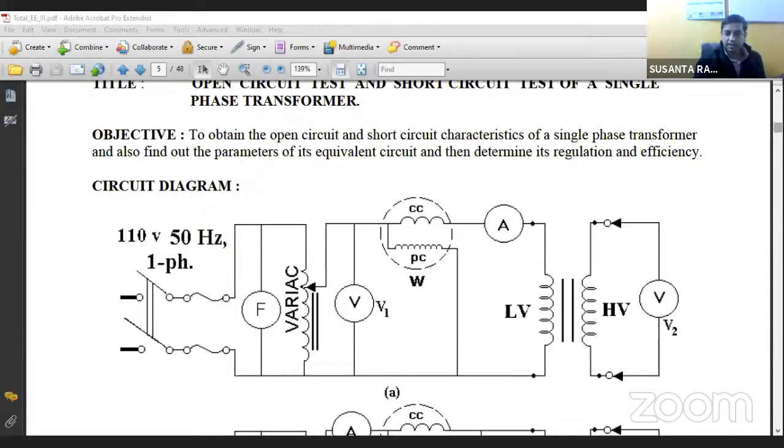So this is the circuit for performing the open circuit test in the laboratory. Now this is the transformer, which you can see at the right, the transformer under test. Every transformer, when it is kept idle and not in operation, has two coils designated as low voltage and high voltage winding. It is not primary or secondary.